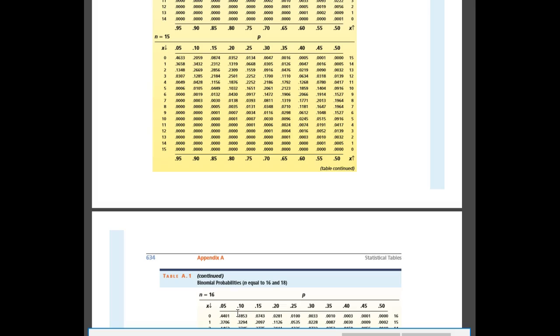So 9 is going to be 0.0019. 10 is 0.0105. 11 is 0.0428.